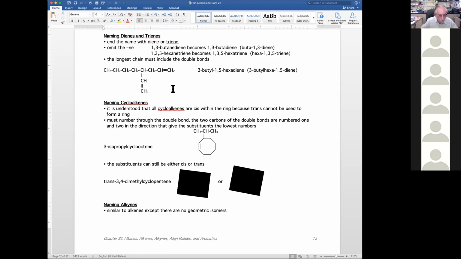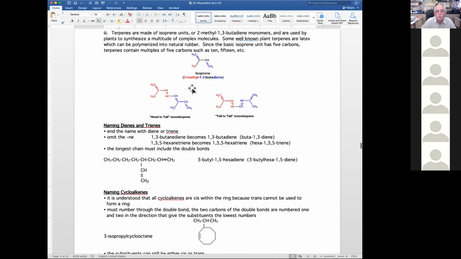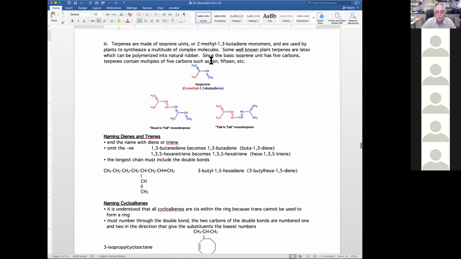I have a question. Sure. The terpene portion just up above, is that molecule a diene or a terpene or an isoprene? I'm a little bit confused on that. It's all of them. The monomer, its common name is isoprene.